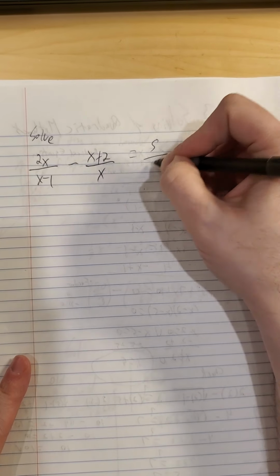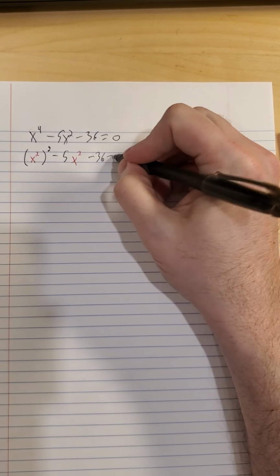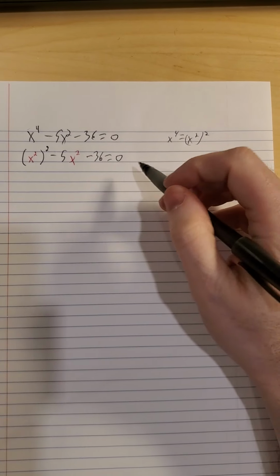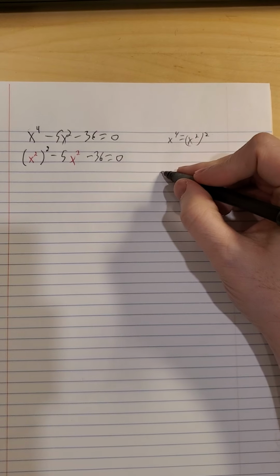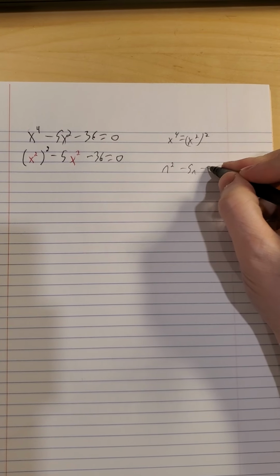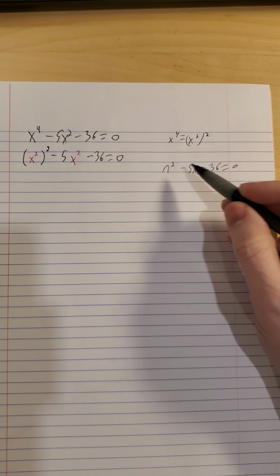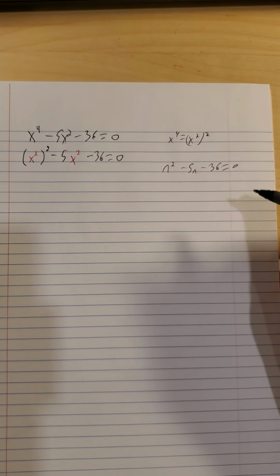But if we recall that x to the 4th is equal to x squared squared, power to a power, we multiply, we have something that at least sort of looks quadratic. So this is akin to having something that looks like n squared minus 5n minus 36 is equal to 0. So here our n, though, is an x squared.